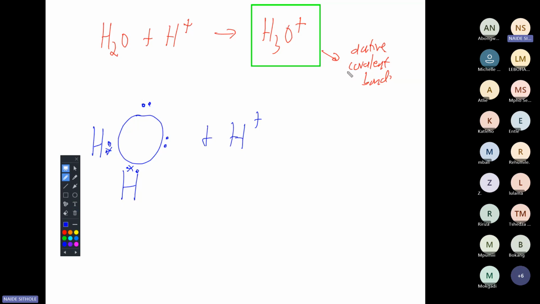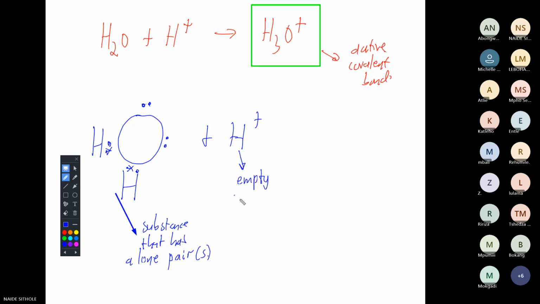Now, in order for us to have a dative covalent bond, we have to have a substance that has a lone pair or lone pairs, right? And then we also have to have what? A substance with an empty valence orbital. Why sithi lena empty valence orbital? It's because hydrogen is in group 1.